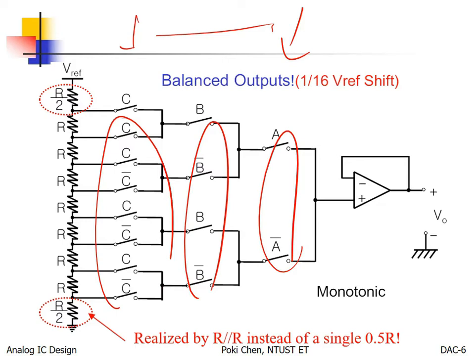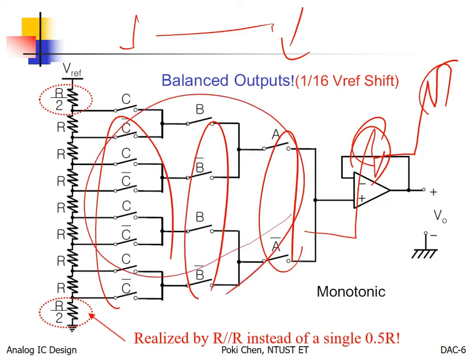Otherwise, some is on, the other is off, sooner or later, it will cause some glitch to the output. Okay? Yeah, spikes here, over there, anywhere. It is caused by the, how can I say, not synchronized switching, unsynchronized switching.